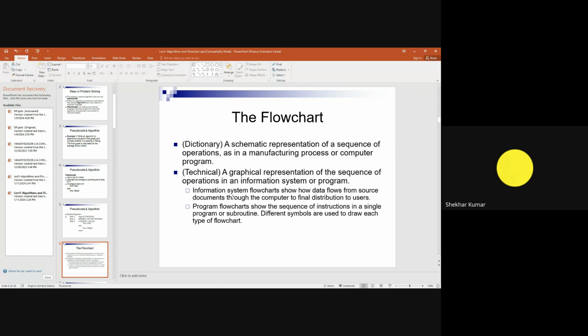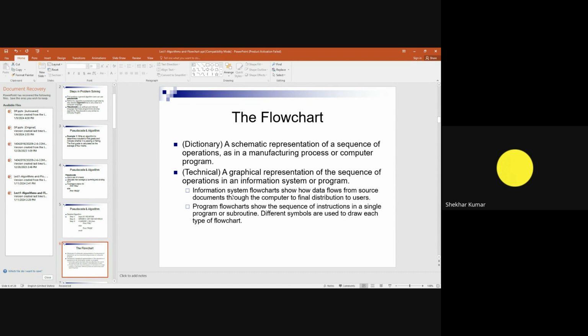It simply shows how data flows from source documents through the computer to its final distribution to the users. It simply shows the data flow from source to destination. It also describes the sequence of instructions. For this graphical representation, I use different symbols to draw the flowchart.